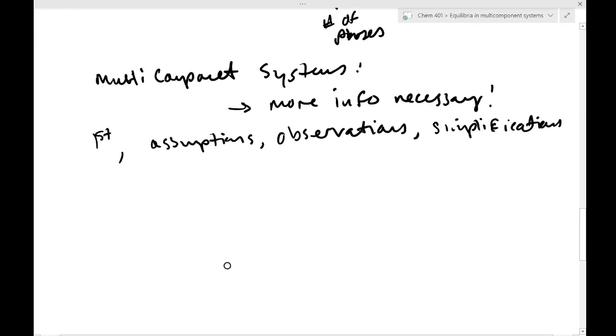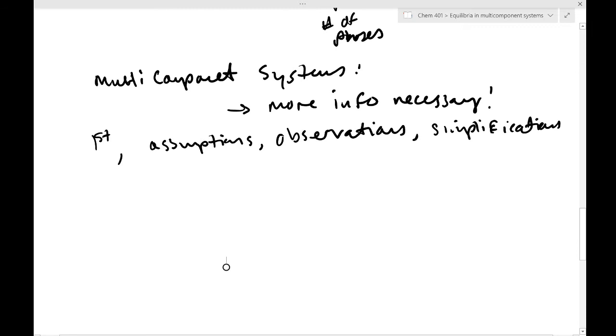This just makes it a little bit easier to actually define the degrees of freedom of a system, because if you start adding more and more stuff in, it becomes more and more complicated, right? So at some point, we need to make some assumptions and simplifications, because if we don't, it would become too massive of a problem.